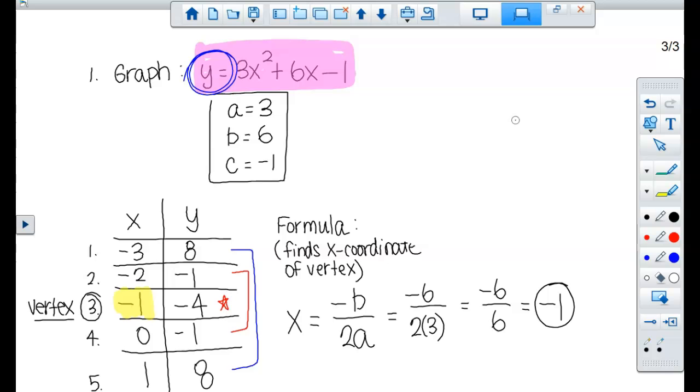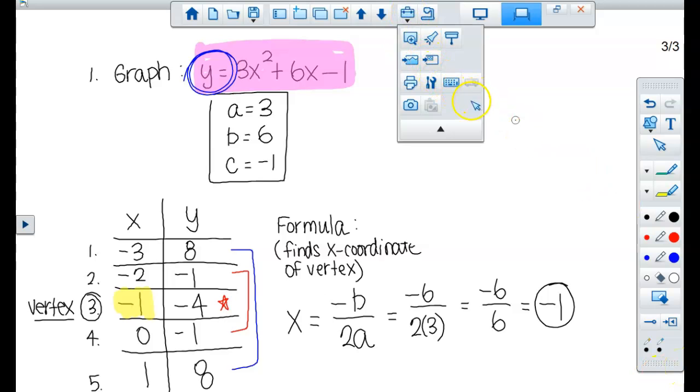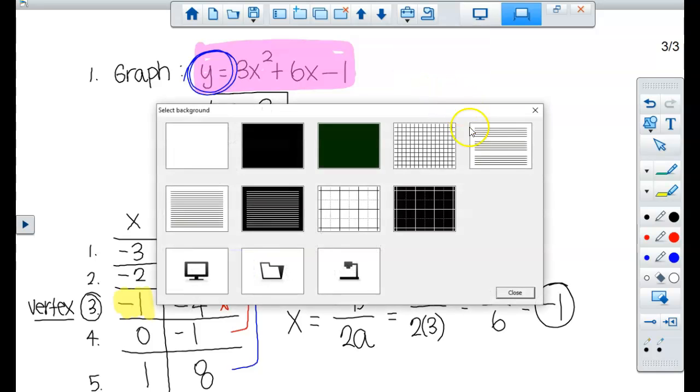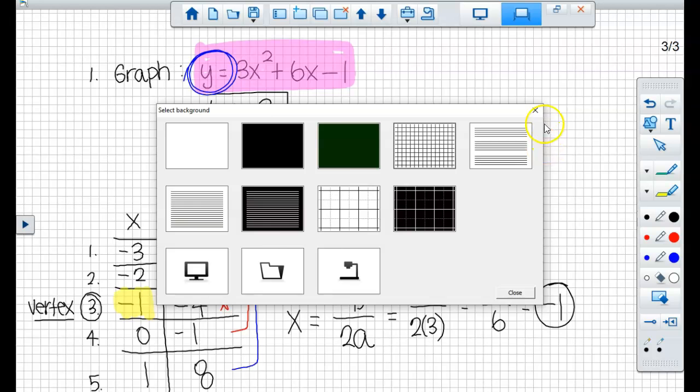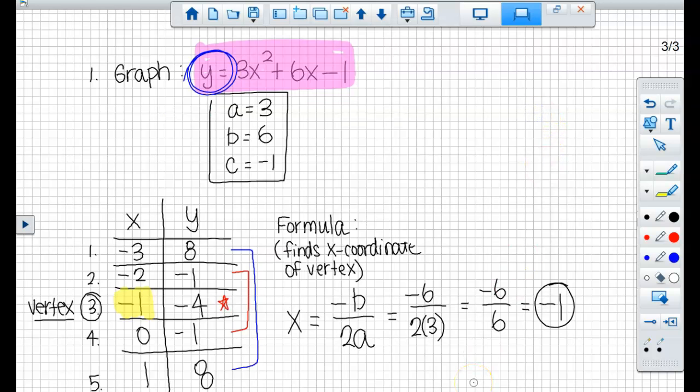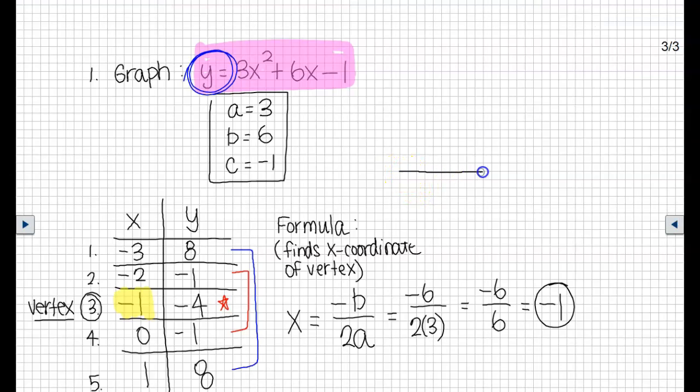All right, so now that the table is complete, we can actually graph this thing. So pull up a coordinate plane, a grid.